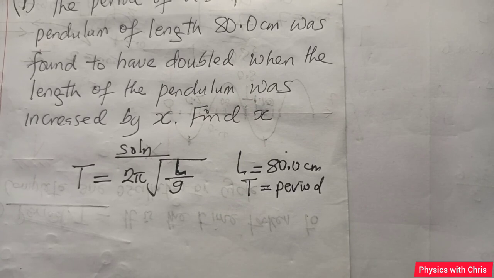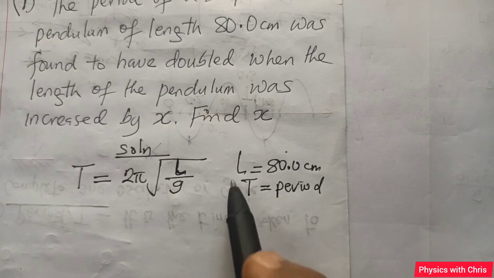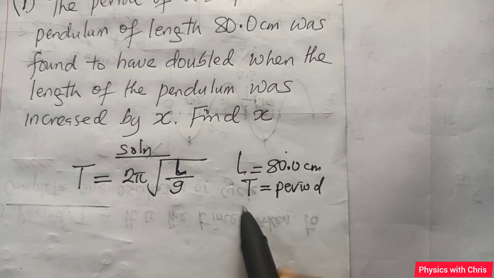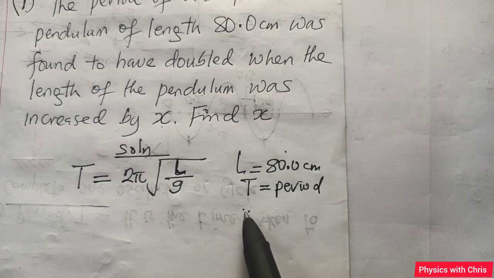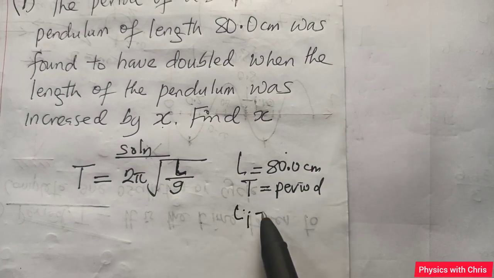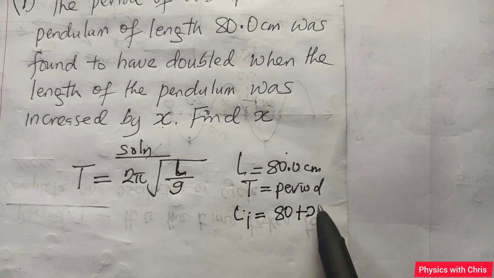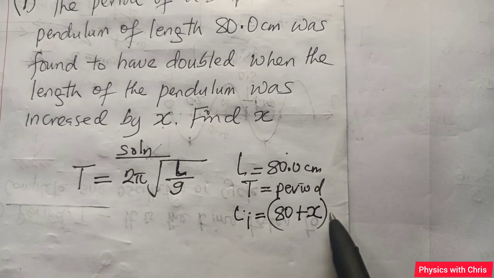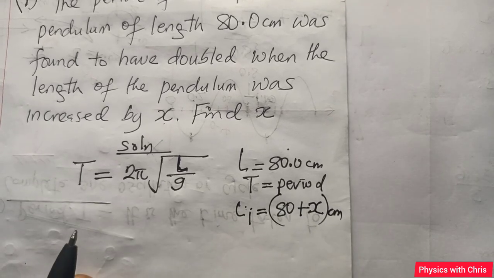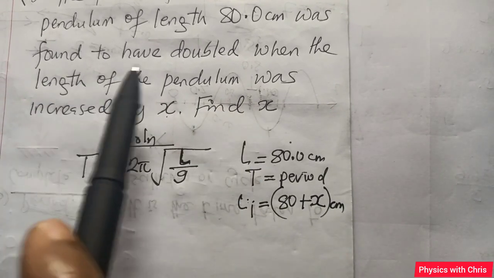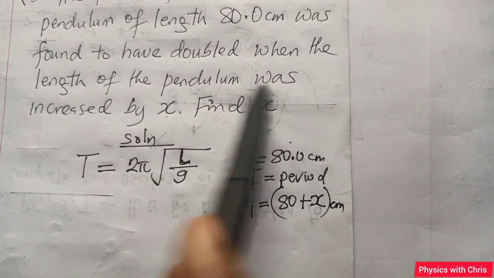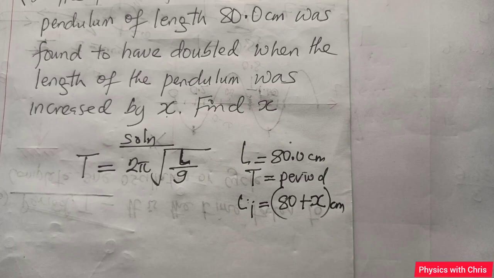How do you increase a quantity by another value? Increasing the length by x means the new length of the pendulum is now 80 plus x. It's the original length plus x.